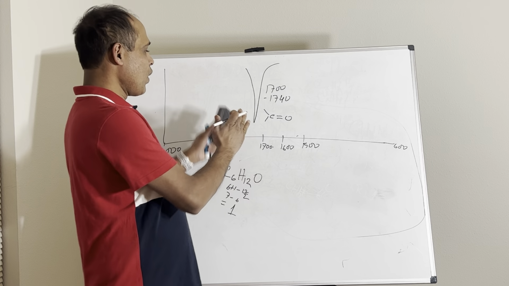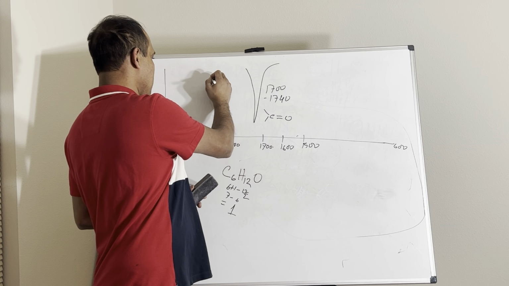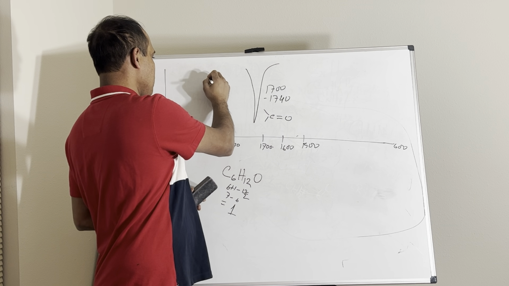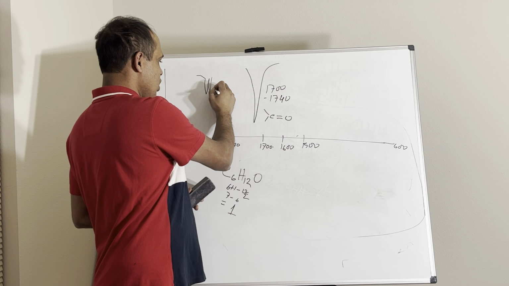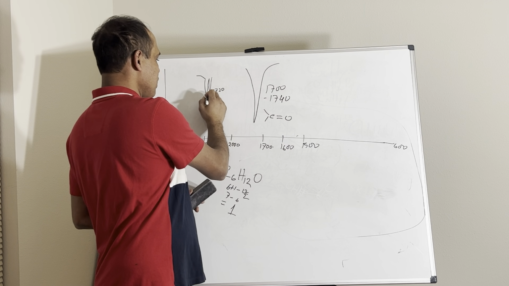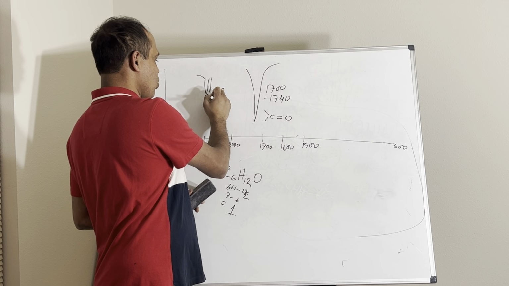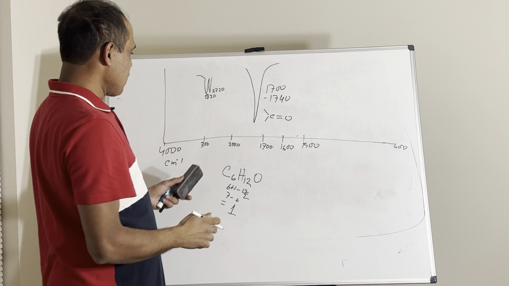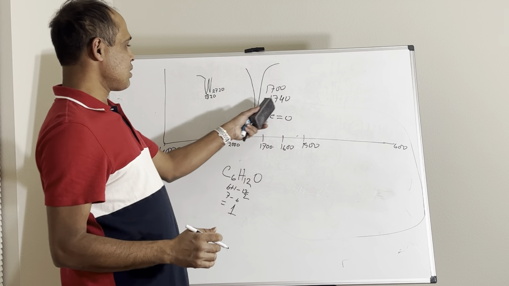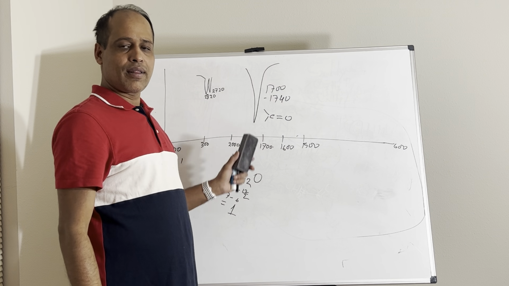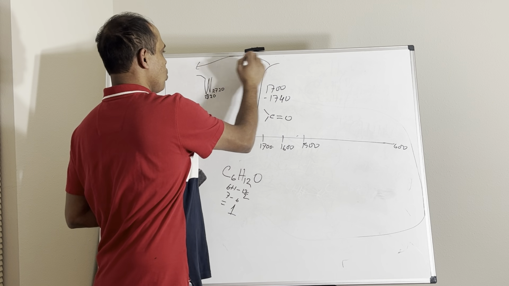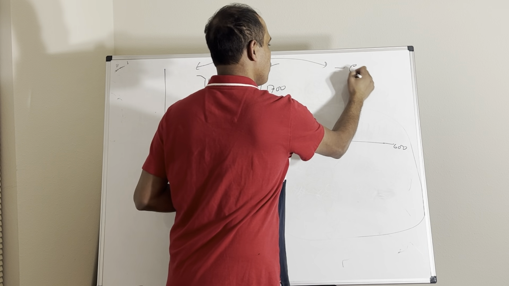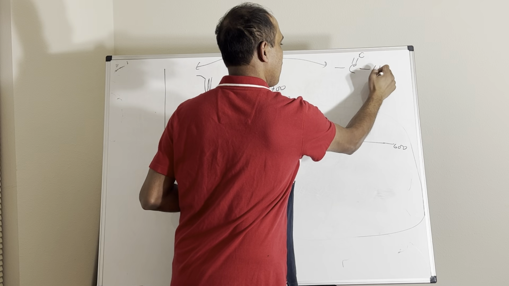But if you have this peak along with two small peaks, one at 2720 and another at 2820, then you can clearly say that, combining these, you have an aldehyde.